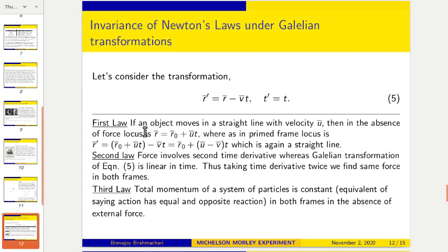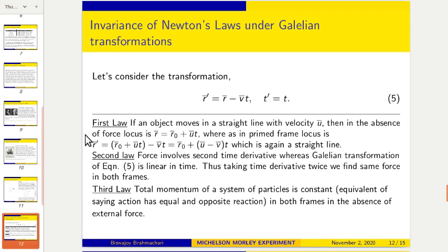The first law: if an object moves in a straight line with velocity u in the absence of force, the locus is r equal to r0 plus ut. So r dash is r minus vt. That means you get r0 plus ut minus vt, which you can write as r0 plus (u minus v)t.